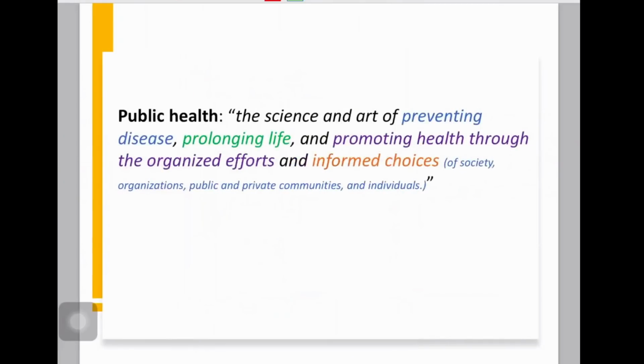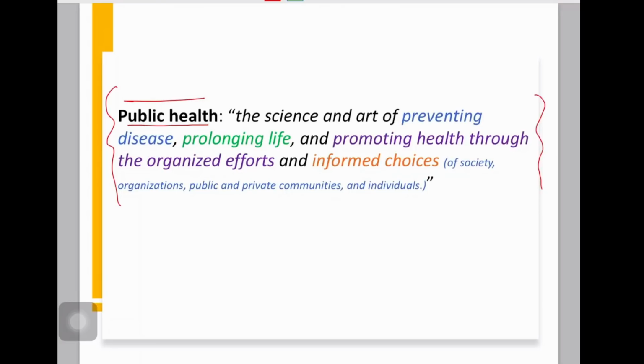All right. Now, public health. We define public health as the science and art of preventing disease, prolonging life, and promoting health through the organized efforts and informed choices. Just like my previous lecture on the EHR and clinical decision support systems, I have dissected the definition and color coded it for your better understanding.